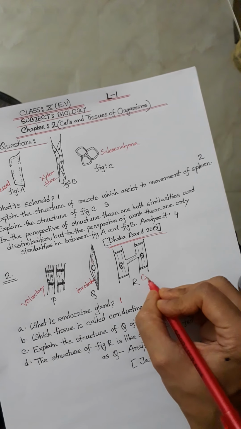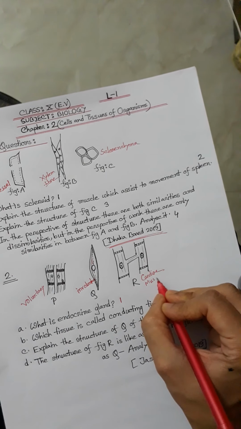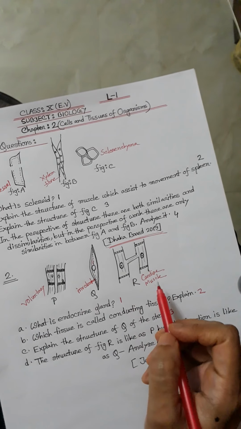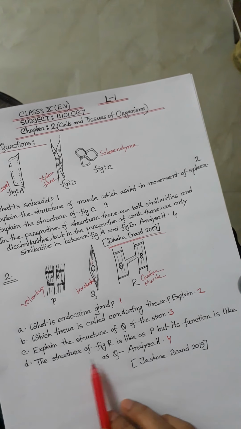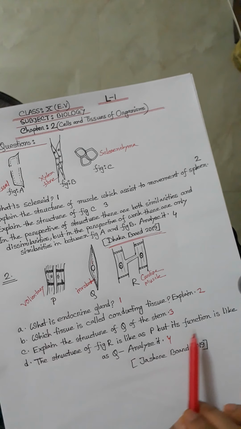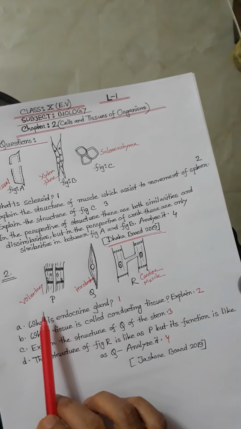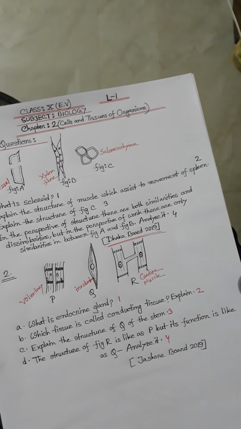And this is cardiac muscle. So the structure of figure R is like P, but its function is like Q. Analyze it: cardiac muscle looks like voluntary muscle and works like involuntary muscle.